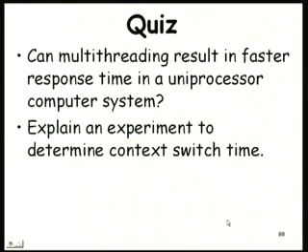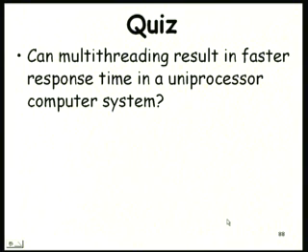Okay. So, let us look at another question. If you have a uniprocessor system, can multithreading result in faster response time? See, only one processor is there, and if you use multithreading, will it result in any faster response time?